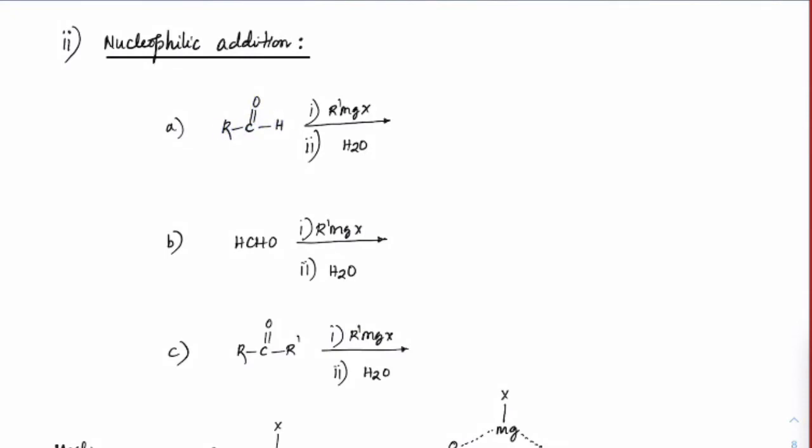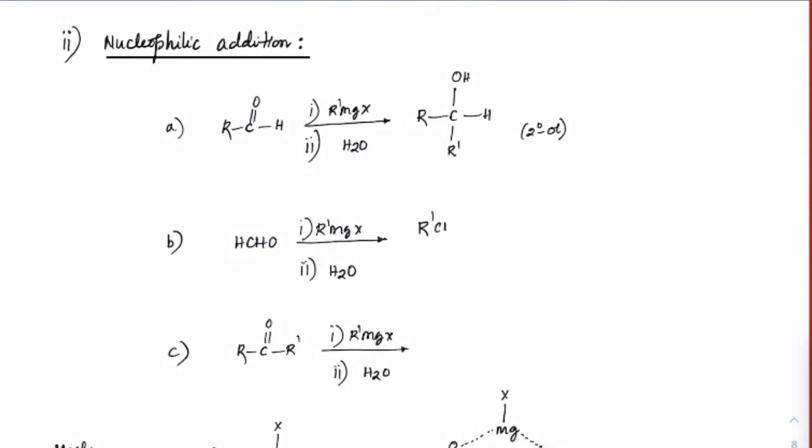When you treat it with RMgX, that R will get attached as a nucleophile on the carbon, giving R', and O minus will get hydrolyzed in the second step to give OH. What we are getting is a 2-degree alcohol. So if you have a general aldehyde, we will always get a 2-degree alcohol. But in case you have formaldehyde, we will get a 1-degree alcohol.